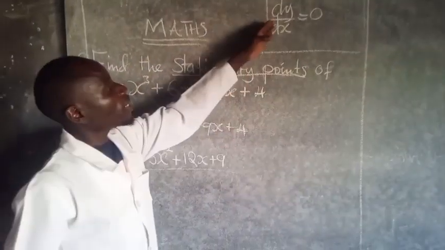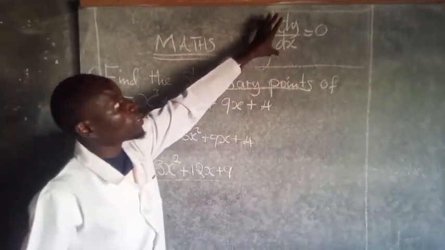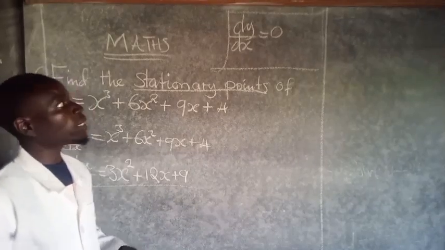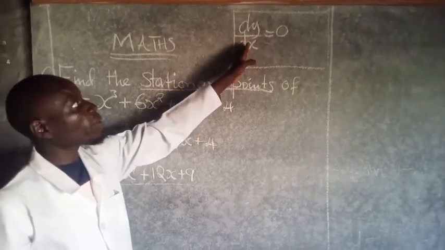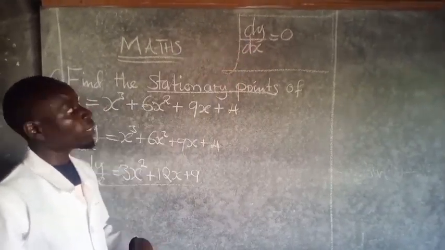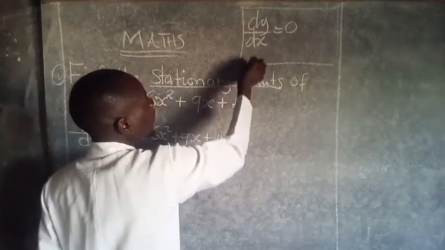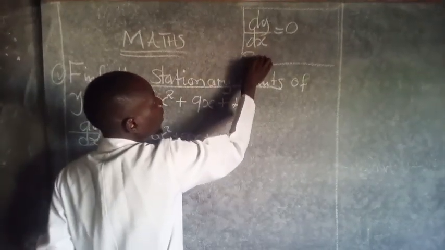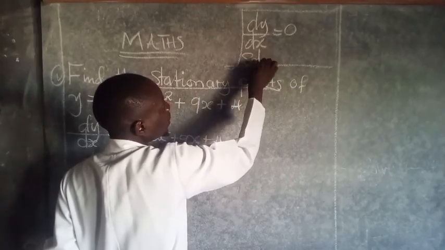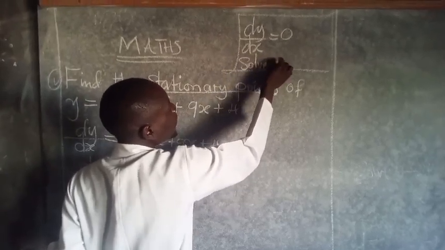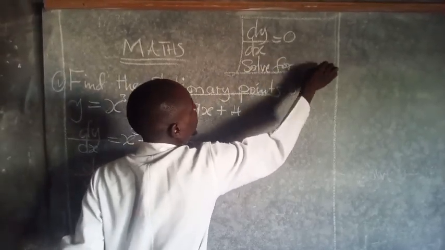And remember last time I said that this is the gradient. So the gradient is 0. Okay, so if the gradient is 0, then we have to find the value of x. So we solve for x.